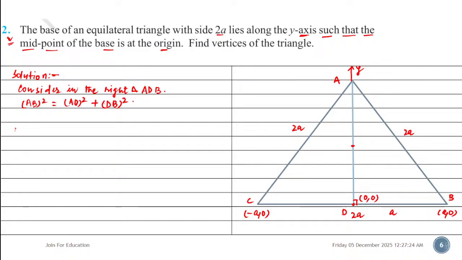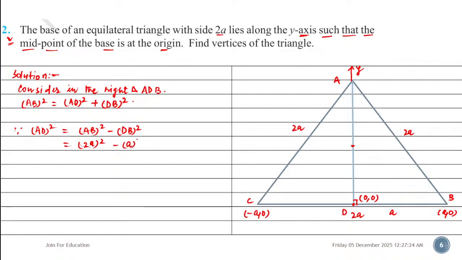Therefore, here will be AD square equal to AB square minus DB square. So AB square equal to 2a square, minus DB equal to a.